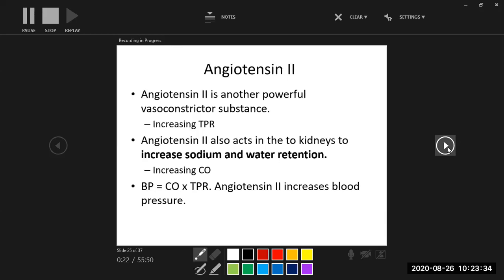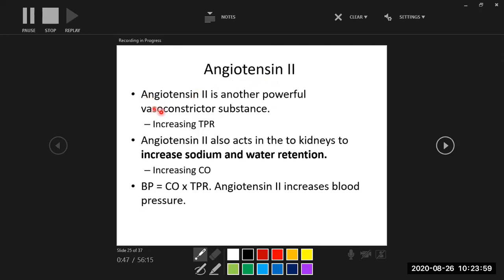Angiotensin II is one major hormone to regulate our blood pressure. It has very wide effects to increase blood pressure, because angiotensin, just by the name, you know that it's about tension.